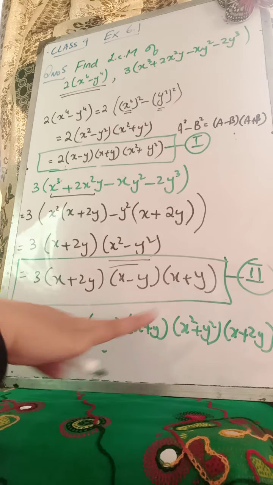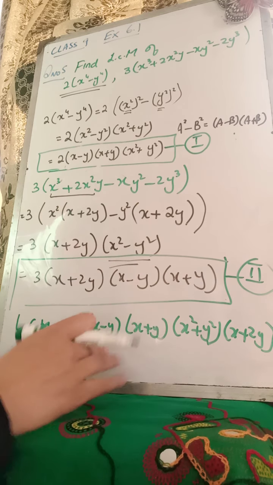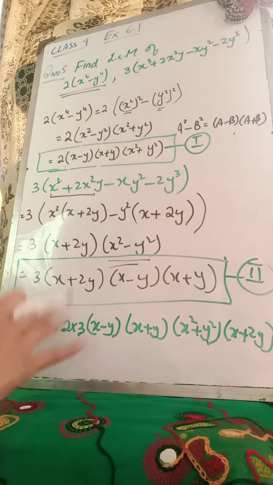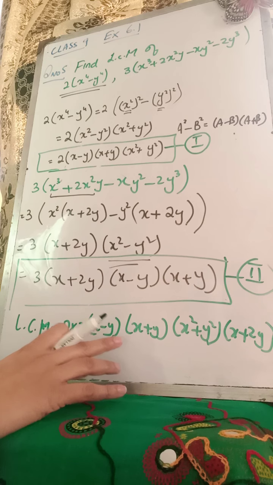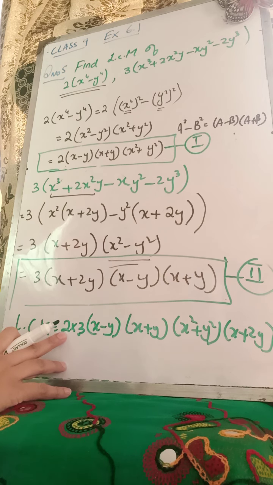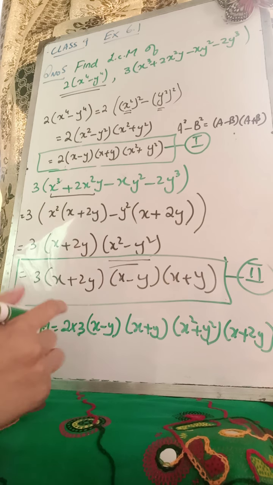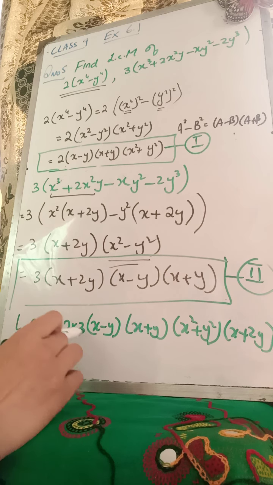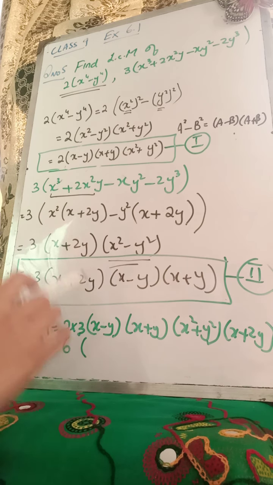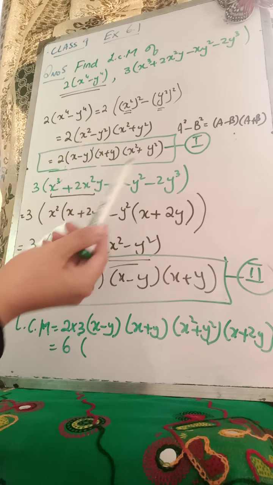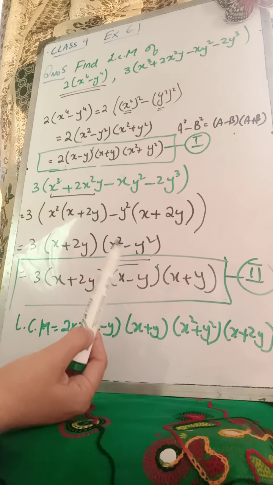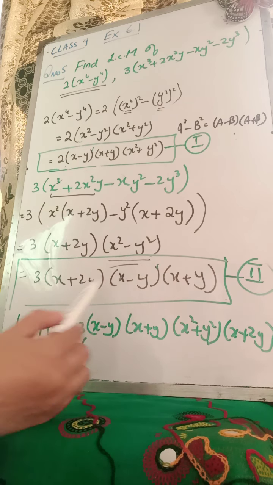So write down all the different factors, and the next step is you just have to raise them to their highest power. We know that the highest power of 2 is 1, of 3 is also 1, so 2 into 3 is 6. Then x minus y to the highest power: the highest power involved is 1. If you had square or cube over here, I would have picked that.